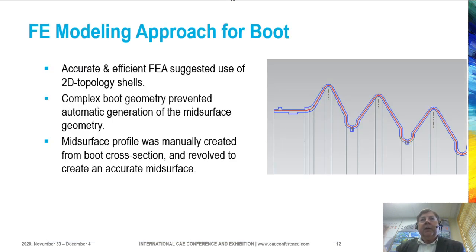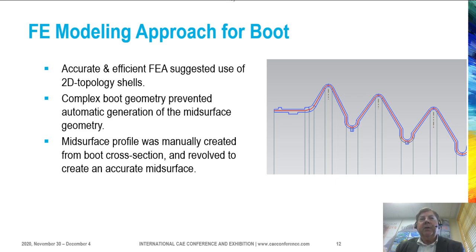So in modeling the boot, these boots are blow molded, so the thickness of the boot is changing throughout from one end to the next. And in looking at the structure, we saw how thin it was. So we thought about using 3D elements, but that would not have been efficient.